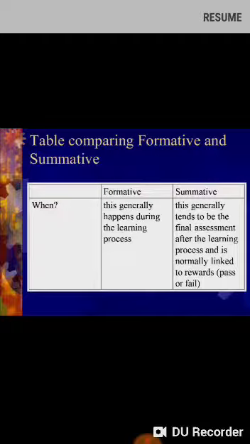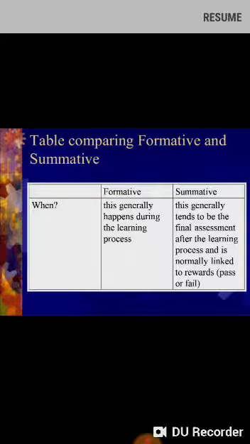As we have already discussed in the previous table, the difference between summative and formative assessment is that formative assessment is an ongoing process that helps the student and teacher to improve their instruction or feedback, and the main purpose of summative assessment is only to decide, to judge, to give the final opinion about the student's progress.